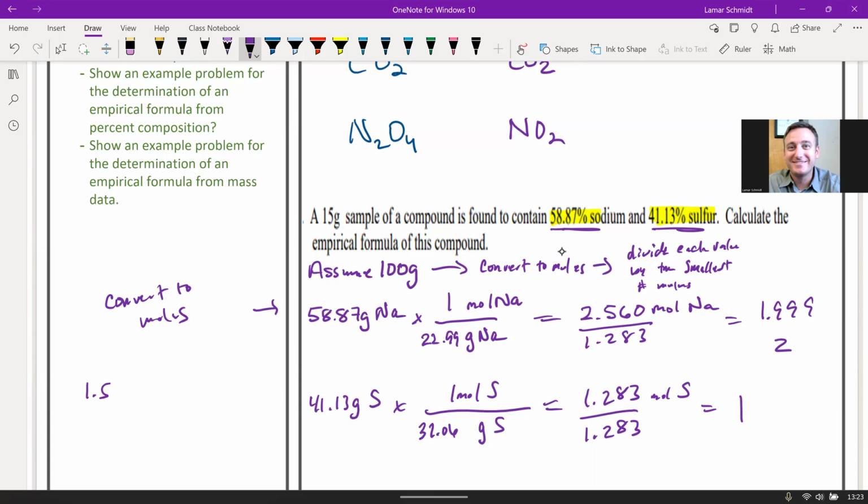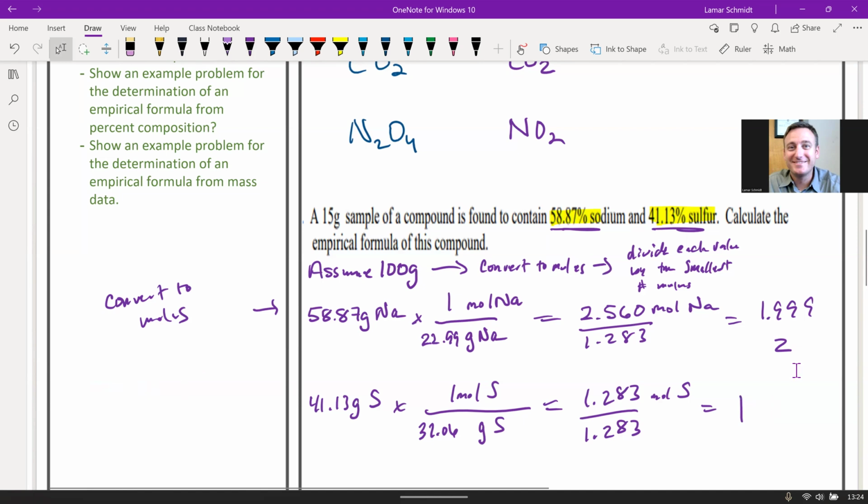So if that said 1.5 instead of 1.99, then we would have to multiply that by 2 to say it was 3. But then we would also have to multiply the other substance by 2. All right, and we see that it was a 2 to 3 ratio. Do you see that? Now, that will be on your homework, but there's also a video along with that as well. I'll make sure one's posted that has one like that.